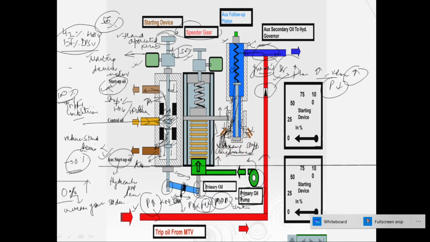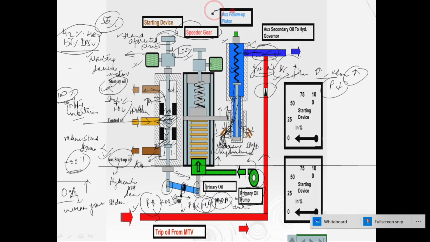When draining increases, the HP governing or IP governing oil pressure decreases, which in fact goes to the hydraulic governor. So when auxiliary secondary oil pressure decreases, it will decrease the HP-IP governing oil pressure. So here you have seen how our starting device and speeder gear arrangement works.